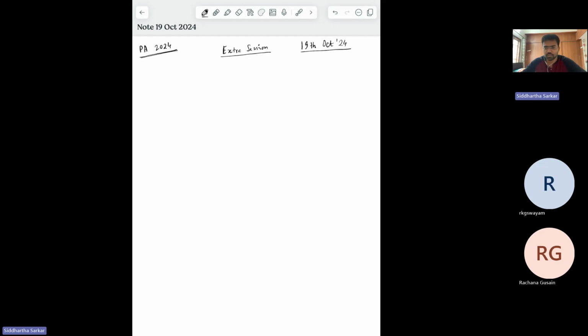So, welcome to an extra session of this course on parameterized algorithms. In today's session, the plan is to look at two parameterized algorithms.